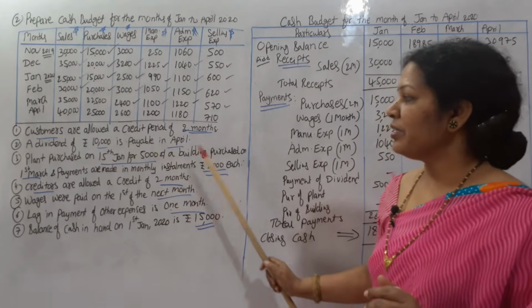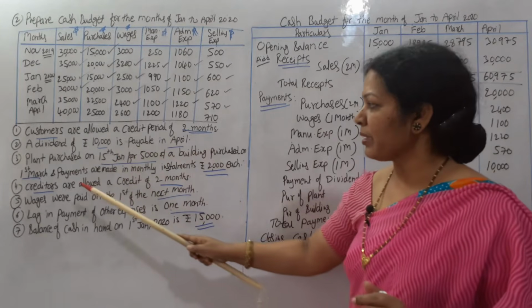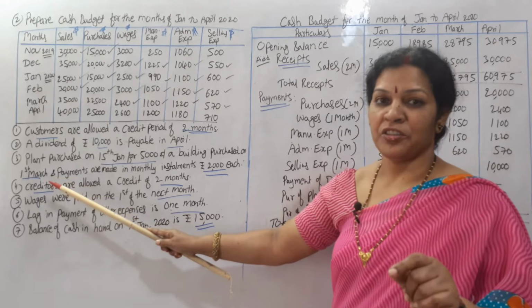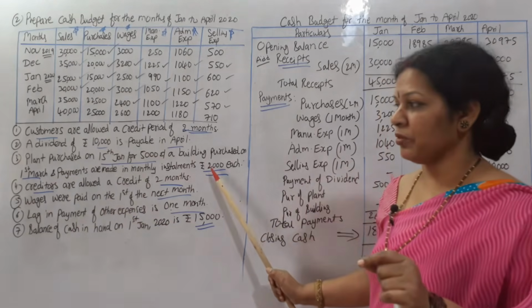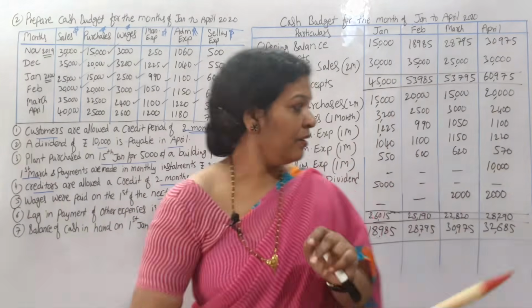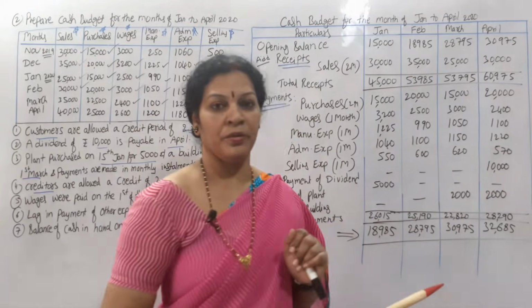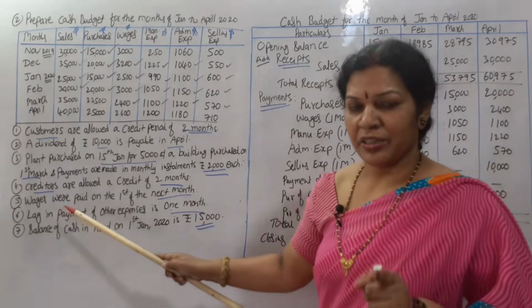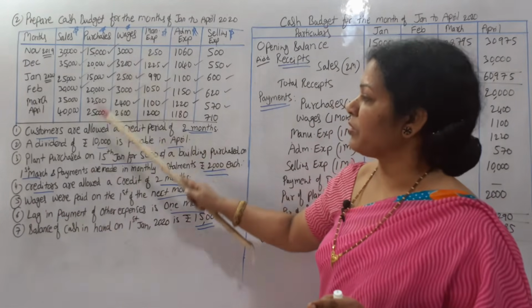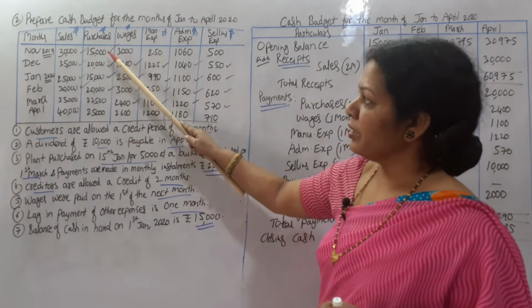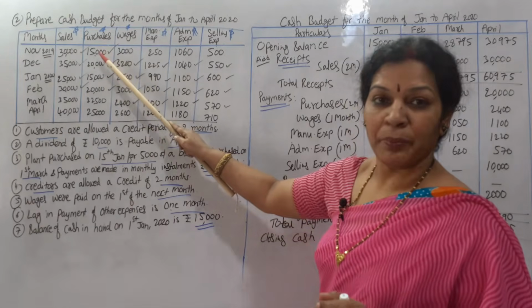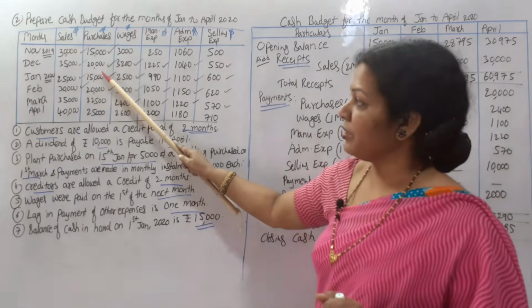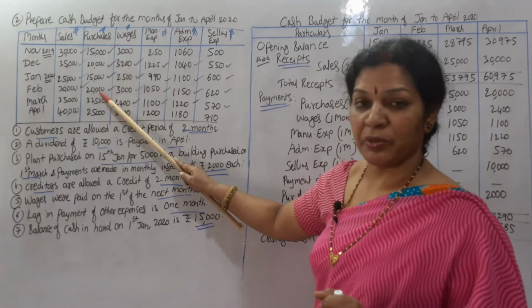And also there is a purchase of building, but that building payment will be from the month of March. Every month you have to pay 2,000. So March and April we have paid 2,000. Okay. In the same way, creditors allowed a credit period of 2 months. Creditors means related to the purchases. So purchases also 2 months delay. Means November amount we have paid in the month of January, December amount paid in the month of February, like this.